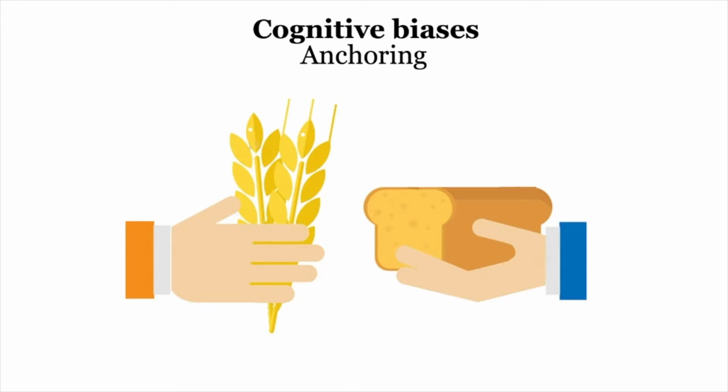Anchoring is another cognitive bias that plays a big role in our society and in our human interaction. If there's a barter situation going on, people want to trade, then you may know this if you've ever been to a flea market, the first person to give a number, the first person to suggest what the units are or how much they're expecting really sets the tone for the rest of the exchange.